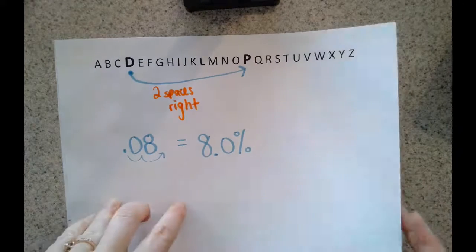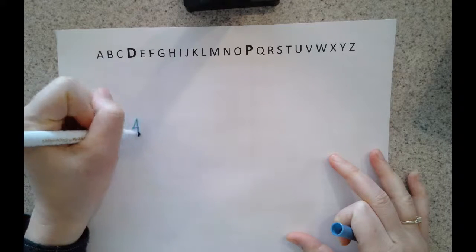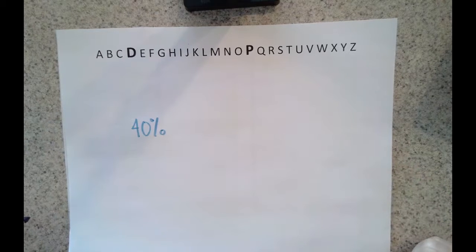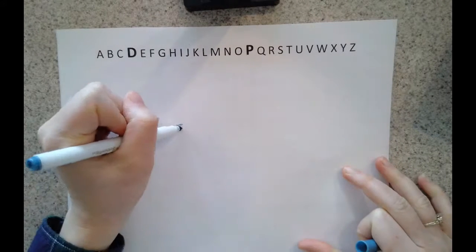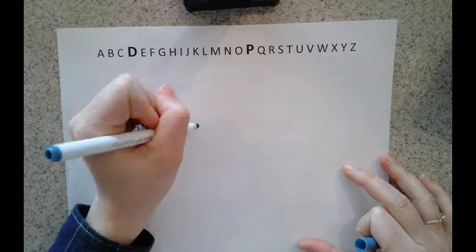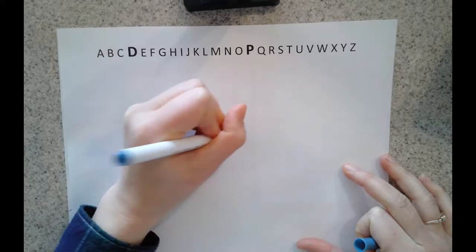Okay, here's another little trick I like to use. Let's say now we're given a percentage like 40% and asked to write that as a decimal. Well, 40%, if I were going to make the invisible decimal visible, would be 40.0%.